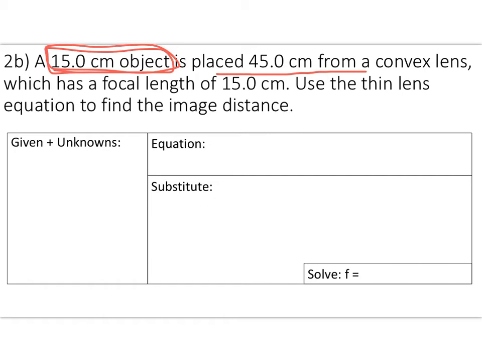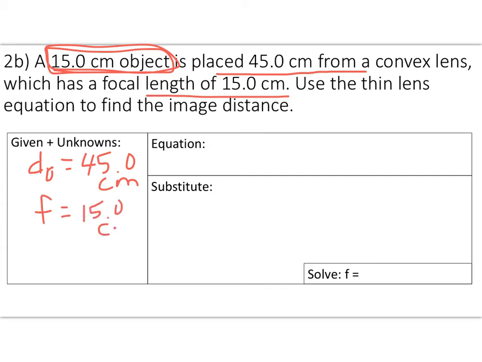So that's going to be our object distance, our DO, 45 centimeters. The focal length of the lens is 15 centimeters. So F is equal to 15 centimeters. What we're looking for is the image distance, so our unknown in this case is DI.